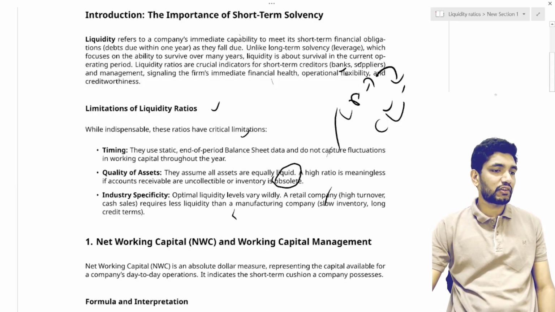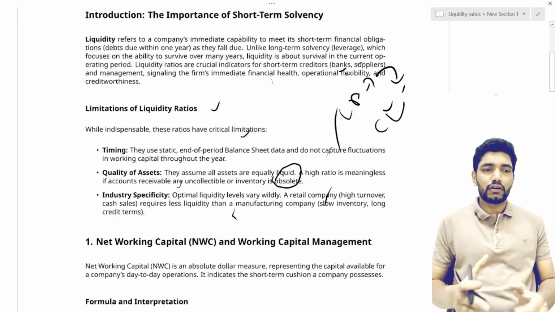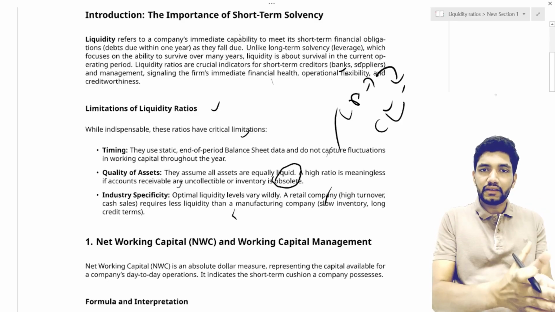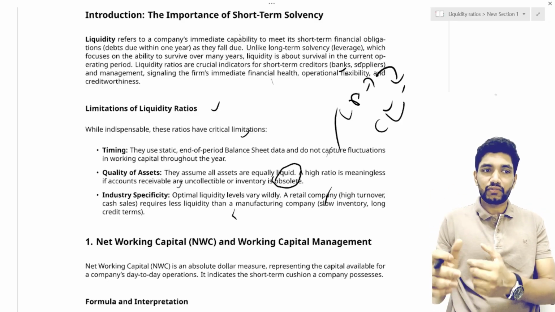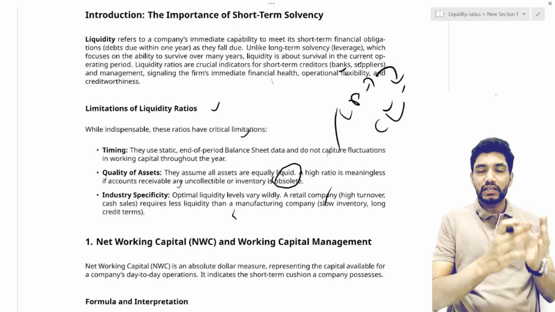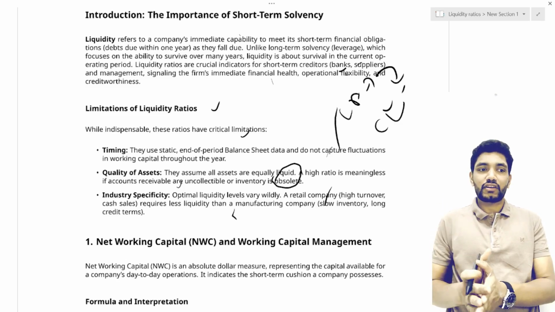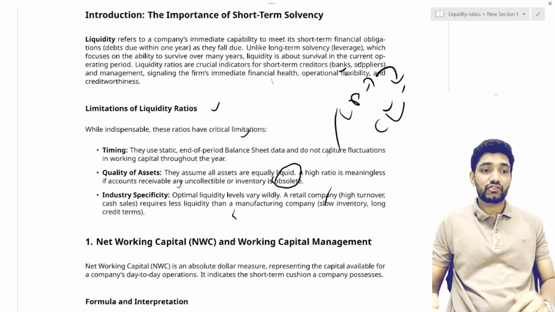Again, industry specificity. We cannot compare one industry with another, because the benchmark for each industry can vary depending on its operating structure and style.